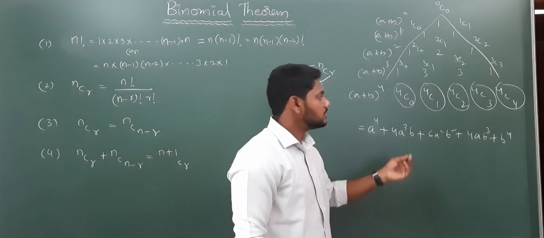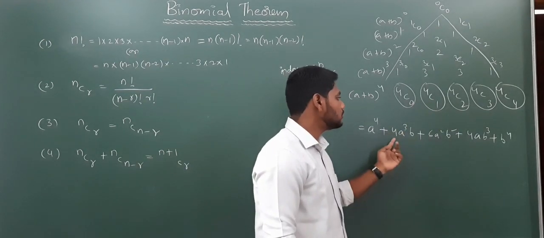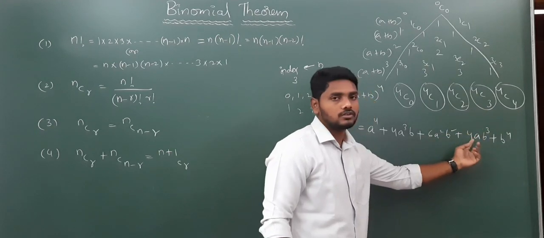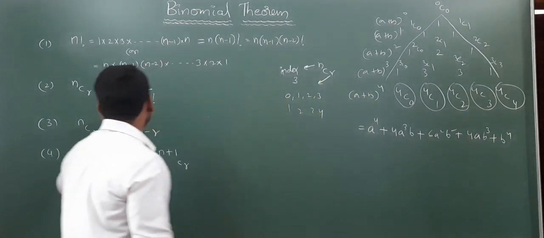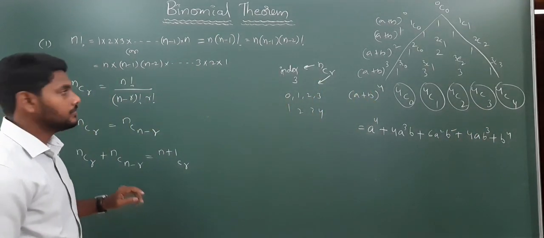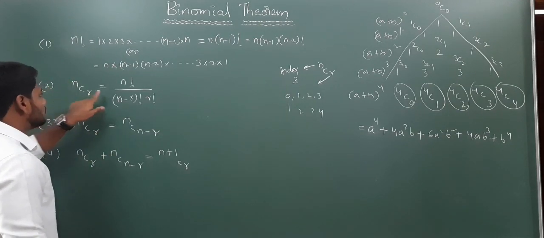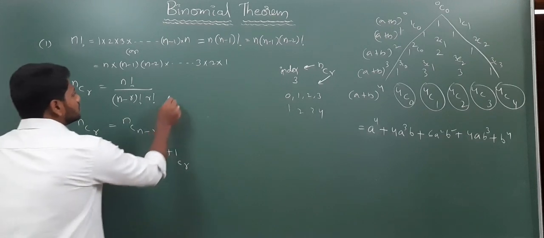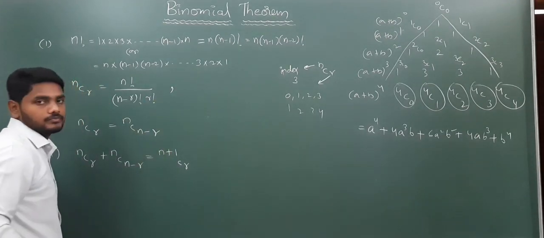How can we find them? See, why is 4c1 equal to 4? Why is 4c2 equal to 6? Why is 4c3 equal to 4? We will find them by using the formula nCr. That nCr is equal to n factorial divided by (n minus r) factorial into r factorial. But here conditions are there.